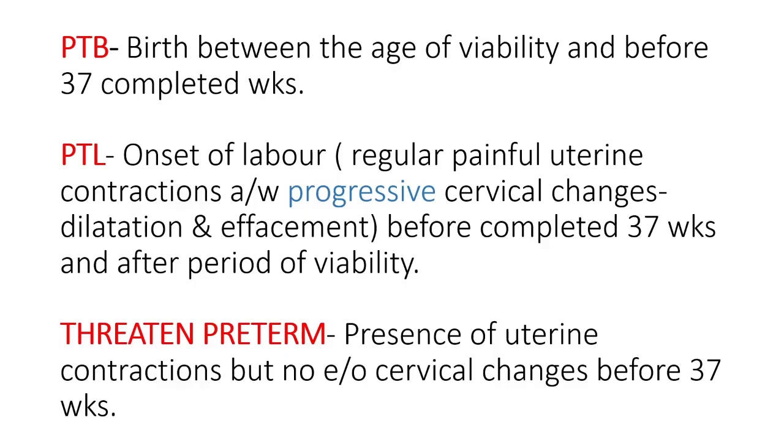The presence of uterine contractions and cervical changes leads to preterm labor. What is threatened preterm? It is the presence of only uterine contractions with no evidence of progressive cervical changes before 37 weeks.